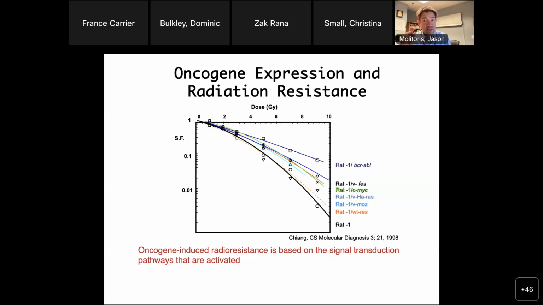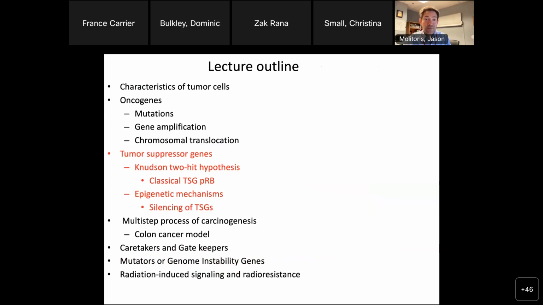So you get less survival with BCR-ABL, MYC, or RAS in comparison to the wild type cells here. That gives us the sense that maybe we should be trying to target these, as in cetuximab or other things, while we're giving radiation.